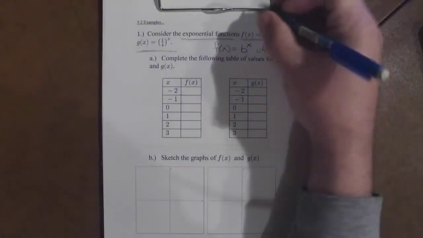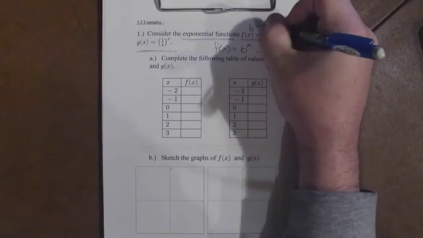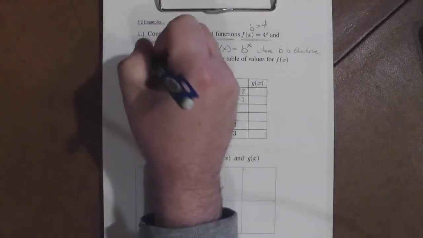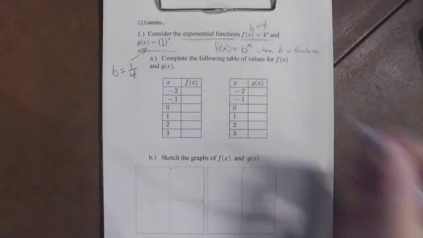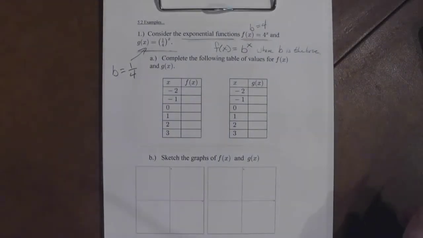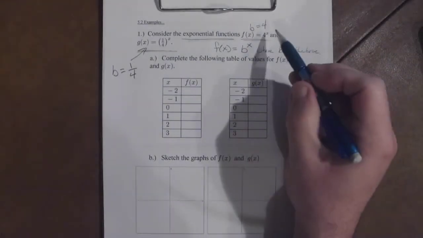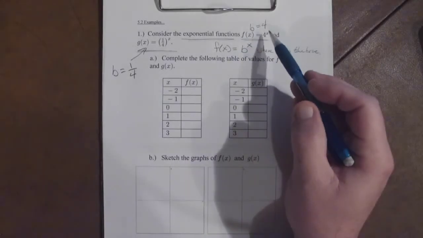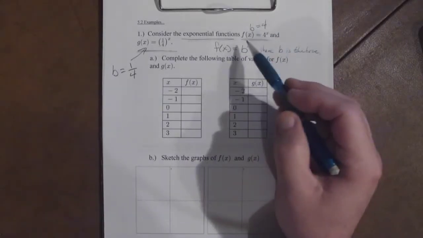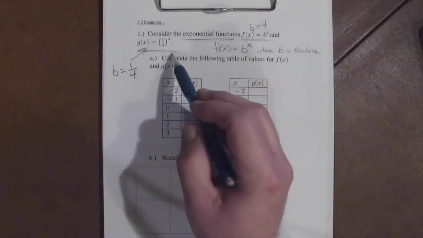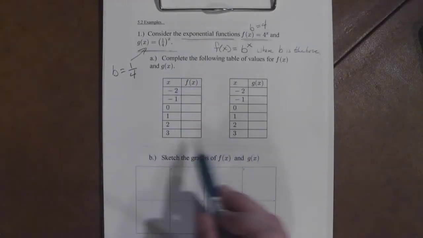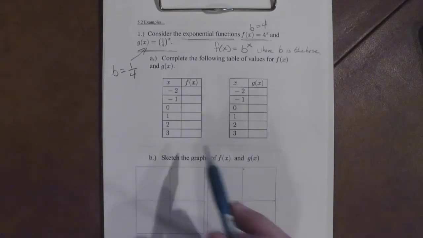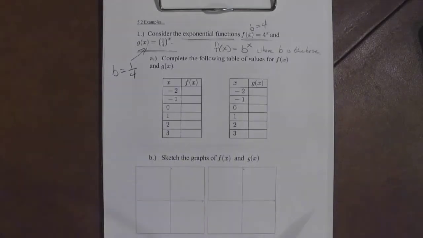In this particular case, our value for b is equal to 4, and in this particular case, our value for b is equal to 1/4. All right? And with those functional descriptions of exponential behavior given by 4 to the x and 1/4 to the x, we can analyze that behavior perhaps first looking at a table of values.